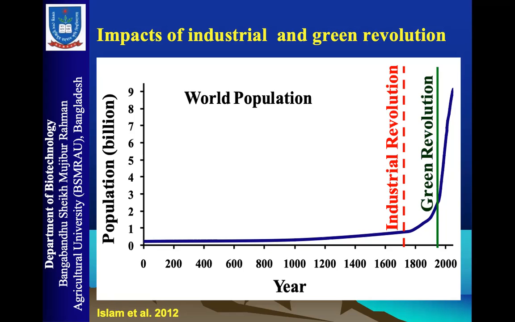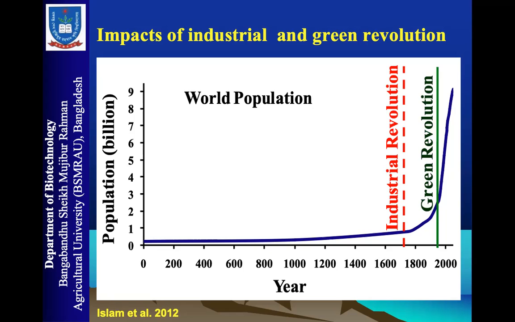So we have to find ways to replace this fossil fuel based civilization with a sustainable civilization, sustainable development. This is why the UN declared sustainable development goals to reduce this type of pollution and make everything sustainable.